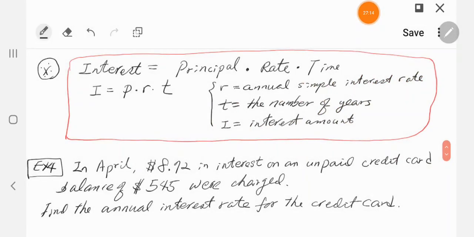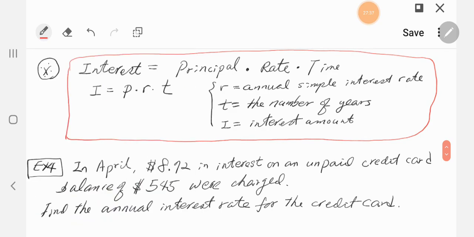Okay, next definition is about interest, finding the interest. Basically the equation for the interest is this. Interest comes from the product of principal, annual rate, and the number of years. So we call it interest is equal to PRT. PRT, printer. Can we say printer? PRT.